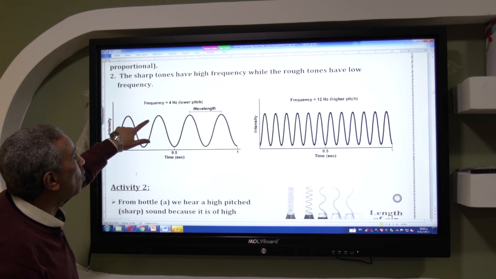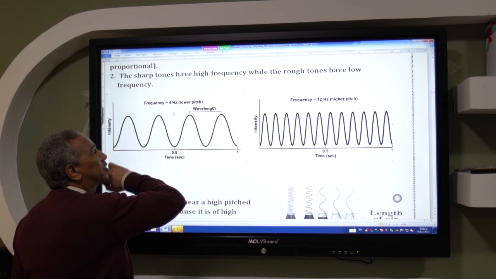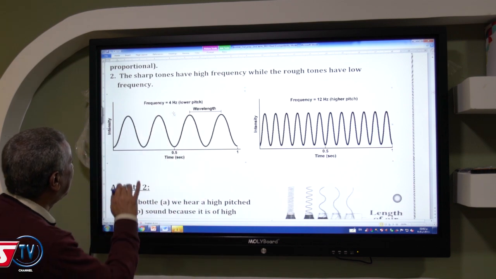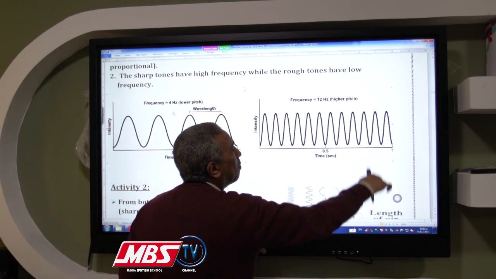And if we compare between them by using the drawing, this drawing explains exactly a number of complete waves lower than this number of complete waves.